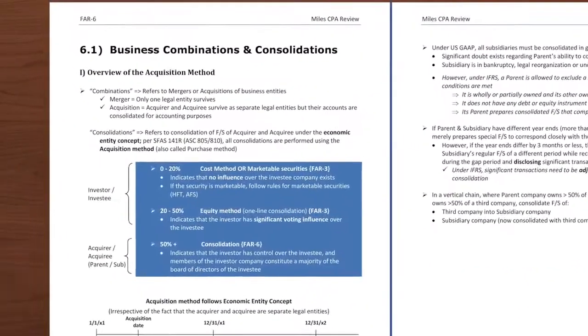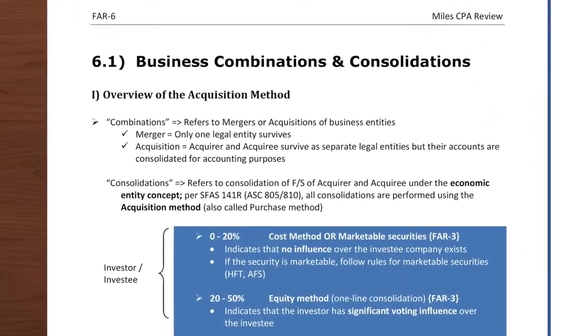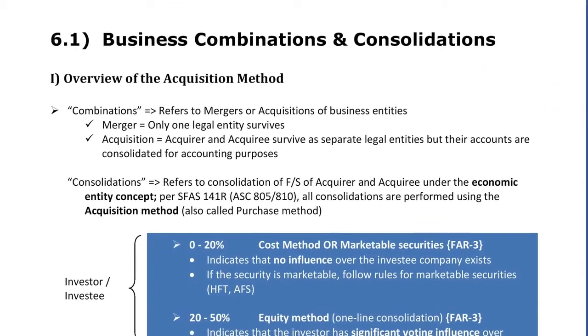We're looking at business combinations and consolidations on page 2. Highlight: combination refers to mergers or acquisitions of business entities. So when there is a merger, only one legal entity survives. But when there is an acquisition, there is an acquirer and an acquiree which survive as separate legal entities but are actually one economic entity.